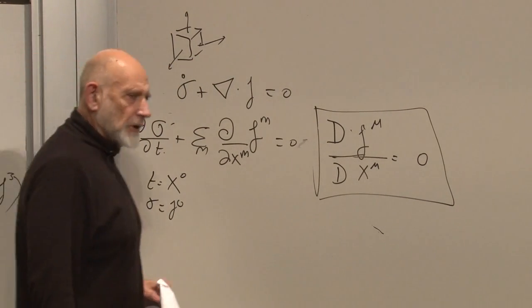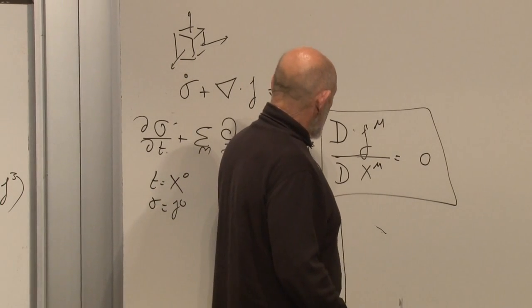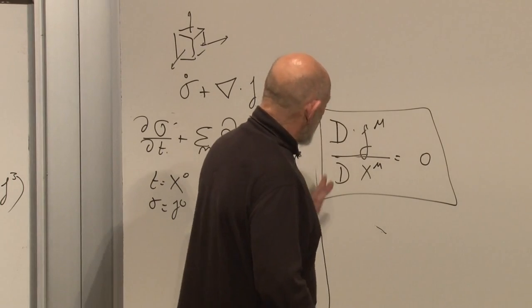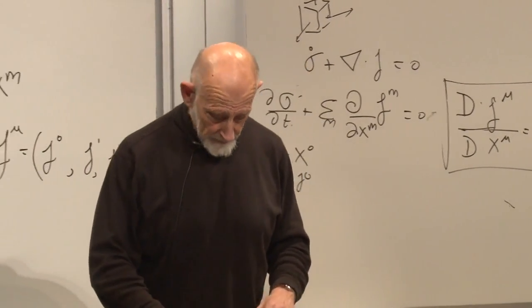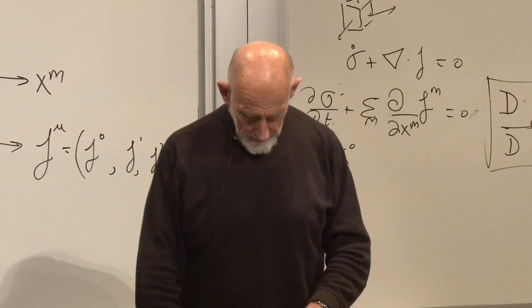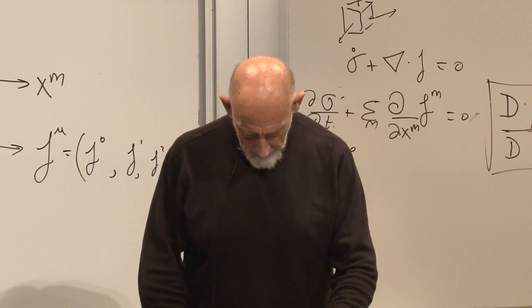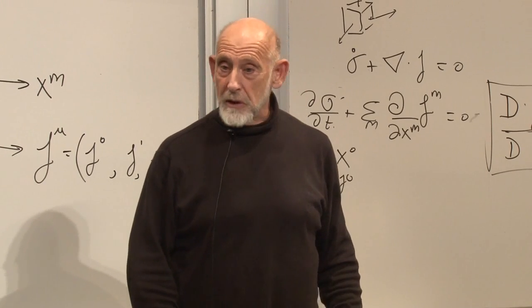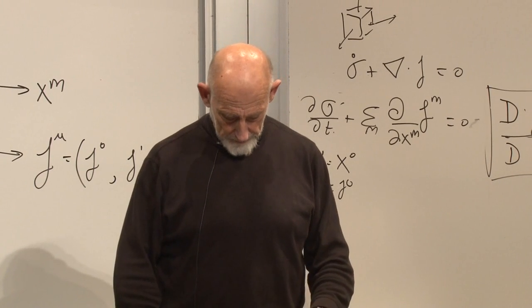For charge currents, it doesn't matter. But in general, it would matter. When you go to curved coordinates, you should replace all derivatives by covariant derivatives. Otherwise, the equations are not good tensor equations. And why do you want tensor equations? You want tensor equations because you want them to be true in any set of coordinates.